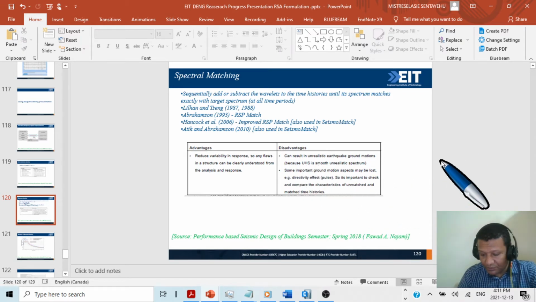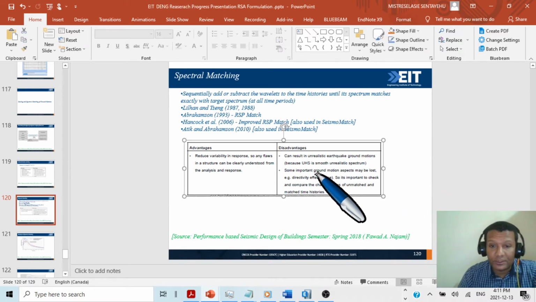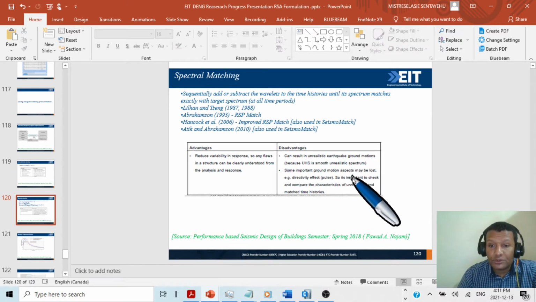Our design response spectrum is modified, but the original one is smooth, not the code-based one. Some important ground motion aspects may be lost, such as the directivity pulse effect, so it's important to check and compare the characteristics of unmatched and matched time histories.